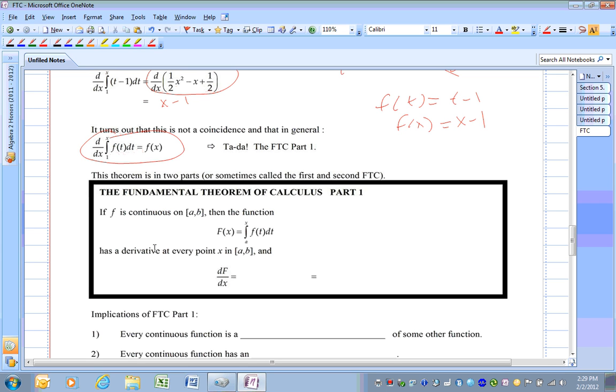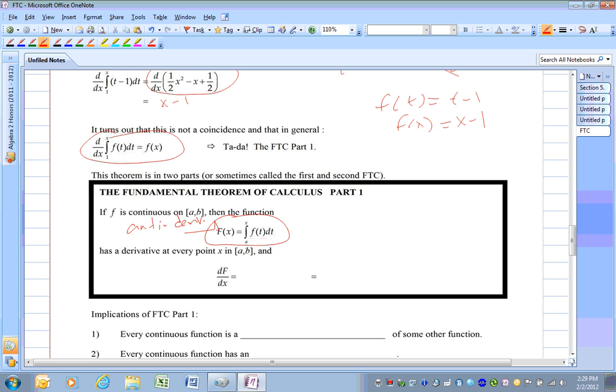And it's basically in 2 parts. So if f is continuous from a to b, then the function, the antiderivative, capital F, remember represents the antiderivative, will equal that.